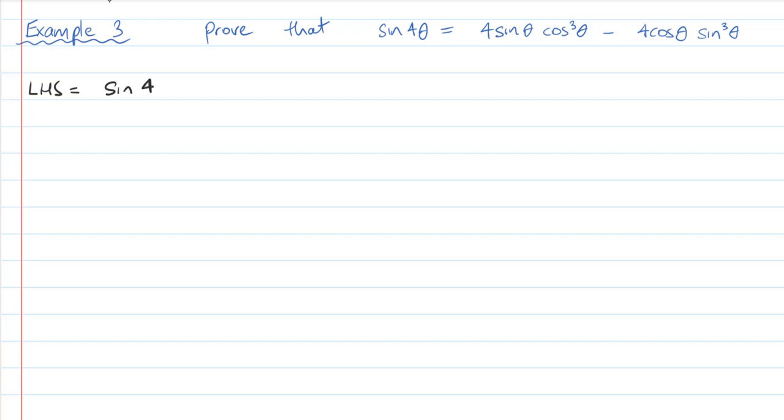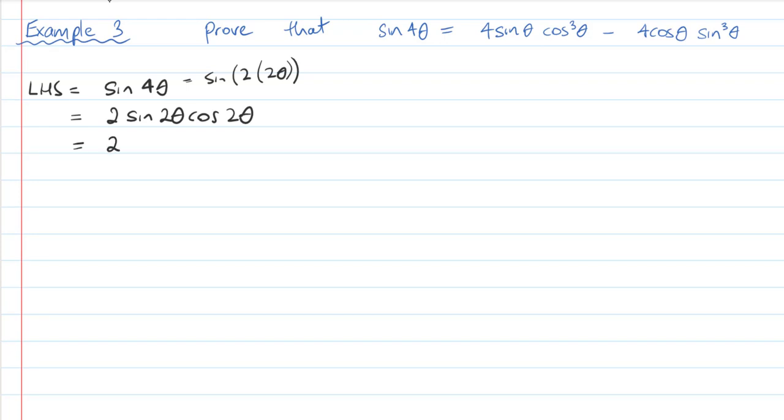So sine 4 theta is equal to 2 sine 2 theta cos 2 theta, because this is kind of like sine of 2 times 2 theta. So I'm going to apply the double angle formula there, and then I'm going to apply the double angle formula again.